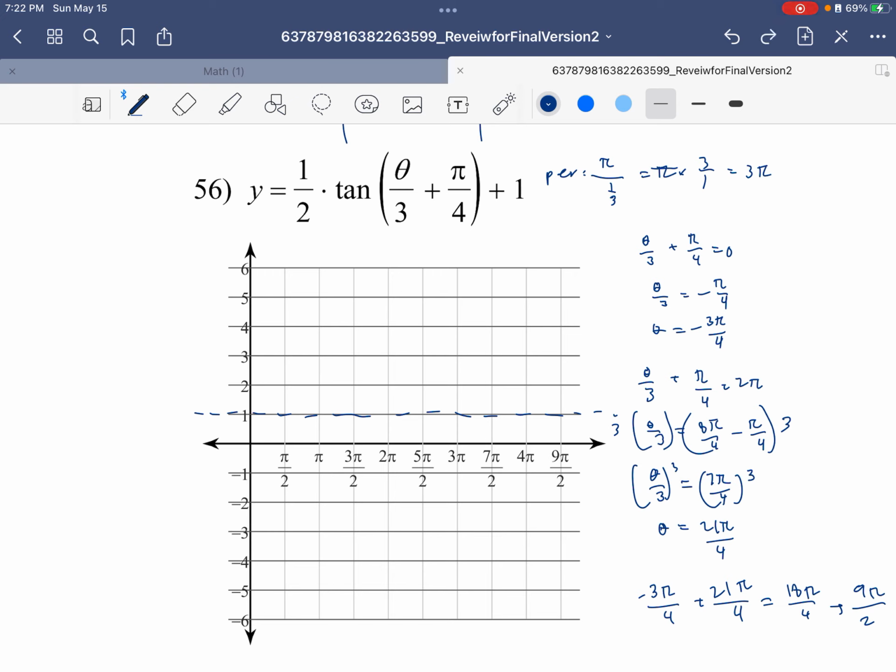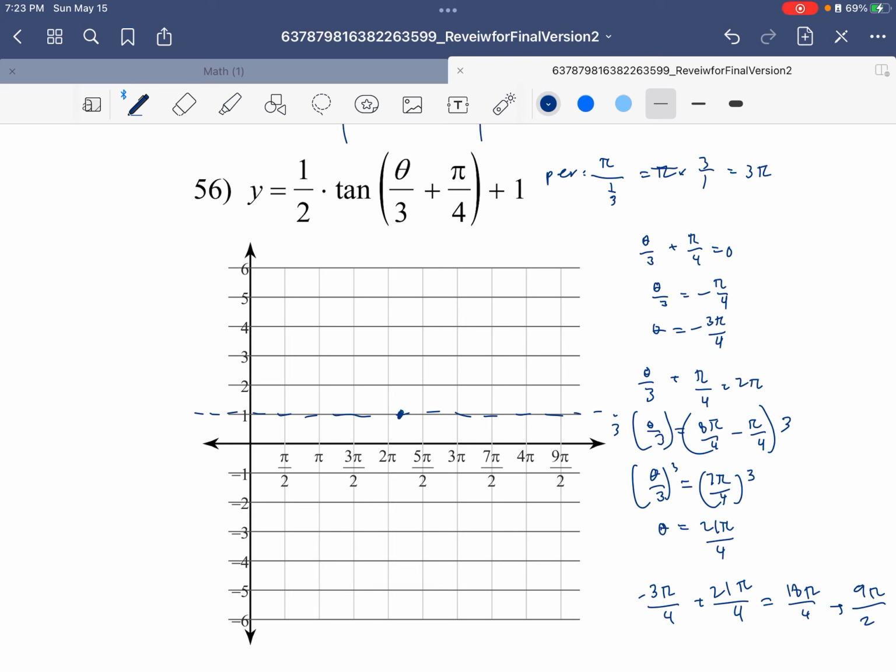How long it takes us, 1, 2, 3, 4, 5, 6, 7, 8, 9 units is a whole period, and so that means 4.5 units would be where we can plot one of our points, which 4.5, 1, 2, 3, 4, and a half would be here, but we have to move back this much. So we're going to move back to here. So our point's going to be here. And 4.5 is where I said half of it would be.